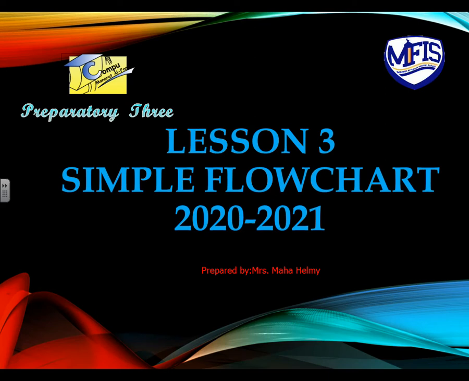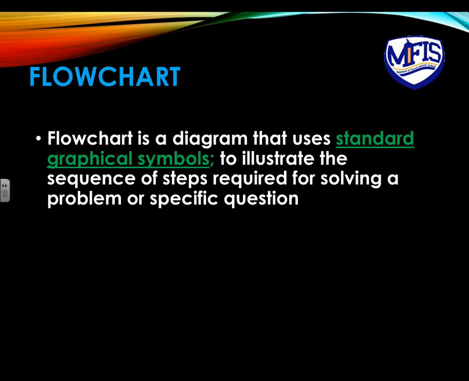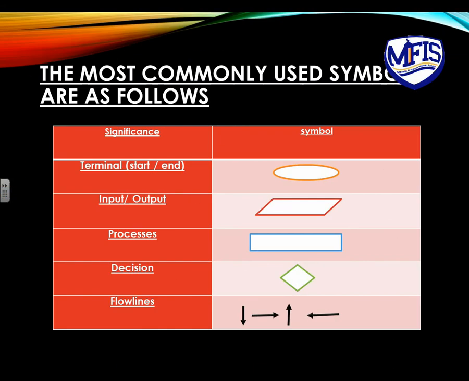It's about simple flowchart. As you remember from the previous video, a flowchart is a diagram that uses standard graphical symbols. We use a flowchart to explain and illustrate the sequence of steps. And we also said that there are common symbols that we use to represent the algorithm.